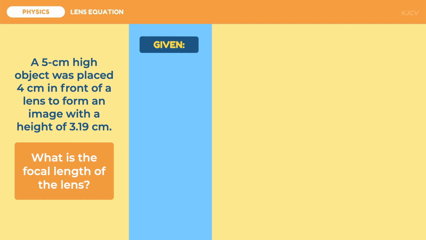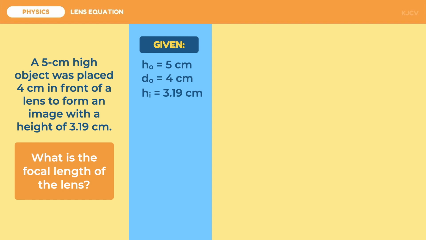This means that this is our h sub O. Next, it was placed 4 centimeters in front of the lens. That means this is the object distance. We have d sub O is equal to 4 centimeters. Lastly, it created an image with a height of 3.19 centimeters. This gives us the image height.